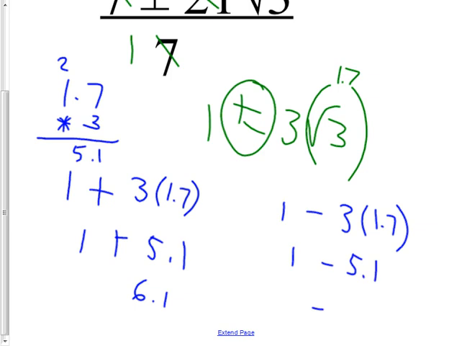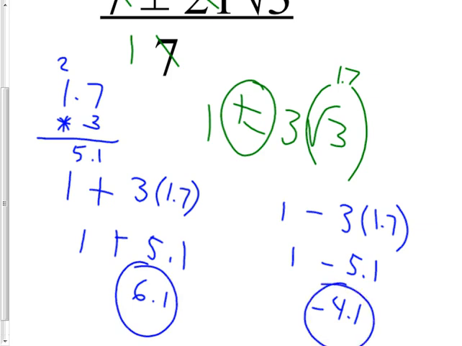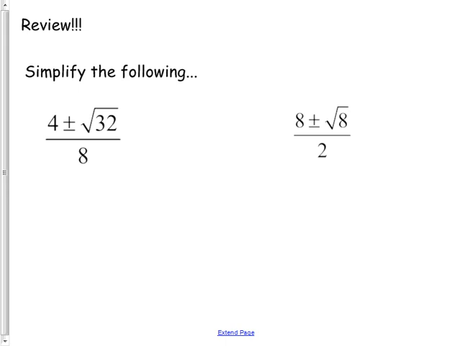This is a little trickier. Negative 4.1. There's your 2 answers. If they ask for decimal form, that's what you do. All right, let's move on.